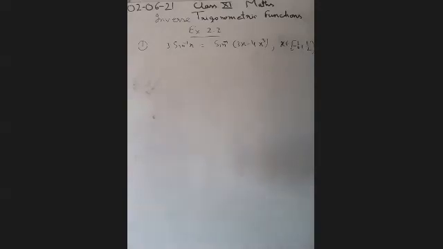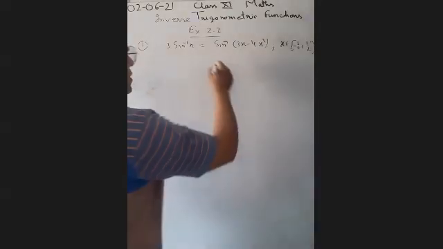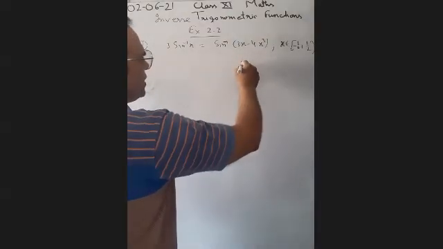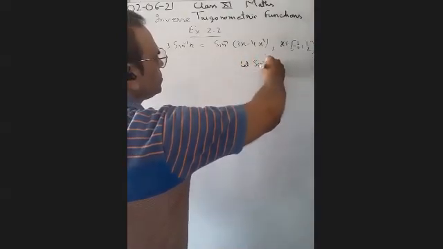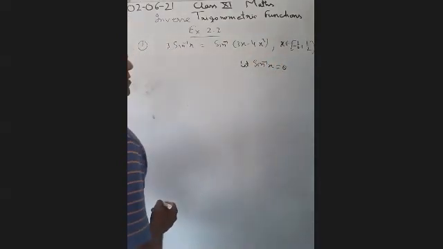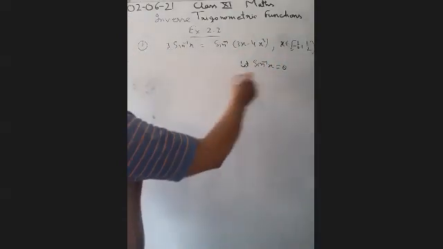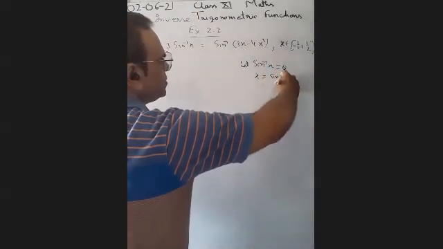So we are starting, you have to just take care of x belongs to minus 1 upon 2, 1 upon 2. We are assuming that let sin inverse x is equal to theta. So x will be equal to sin theta.